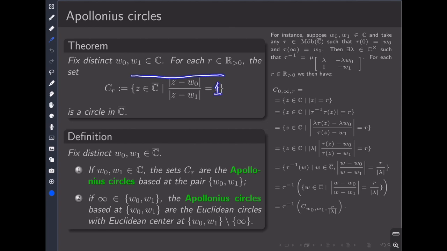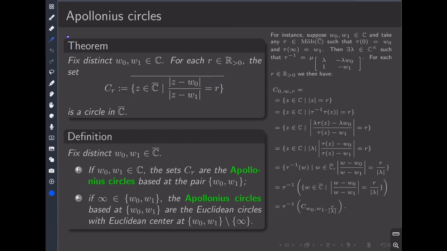Notice when R is 1, I'm speaking about the set of points whose distance to W0 is equal to the distance to W1. That's called the mediatrix of the 2 points. Since I want a circle in C bar, I close it topologically to include the point at infinity. But for other choices of R, this set is already closed.